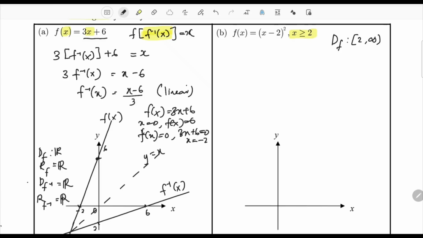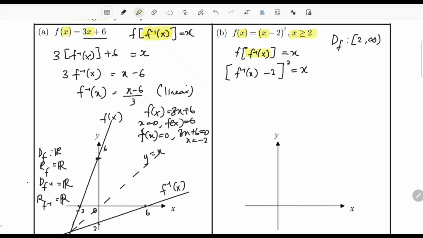Alright, so let's find the f inverse function by using f of f inverse of x equal to x. So let's substitute into your f(x). Okay, so we will have (f inverse of x minus 2) squared equal to x.